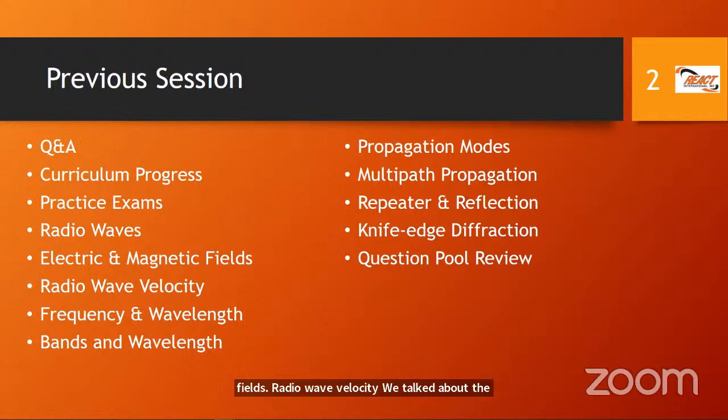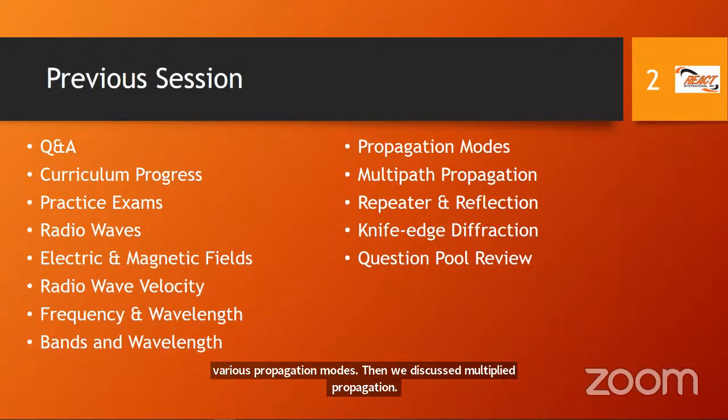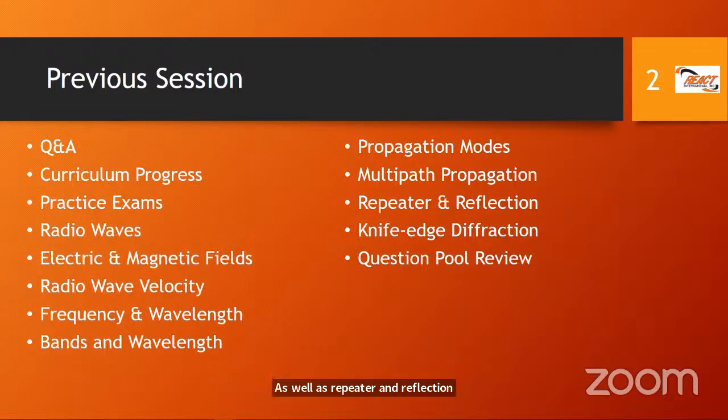Also, we discussed bands and wavelength, as well as the various propagation modes. Then we discussed multipath propagation, as well as refraction and reflection. And we completed the technical discussion with knife edge diffraction. And of course, we ended the session with our usual question pool review.